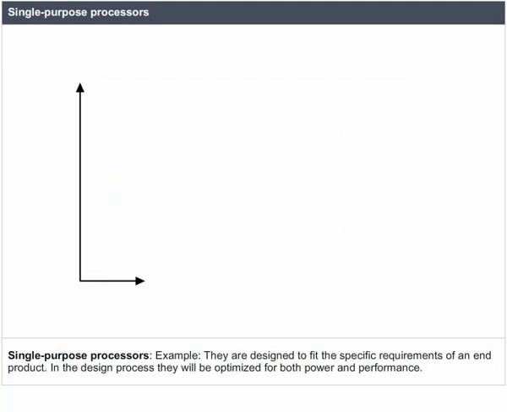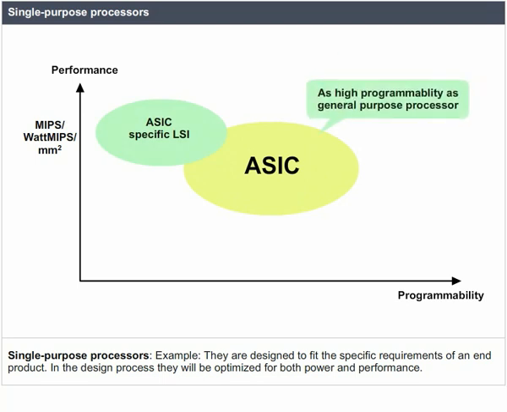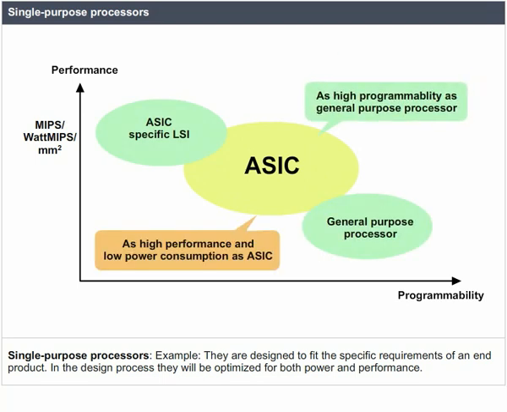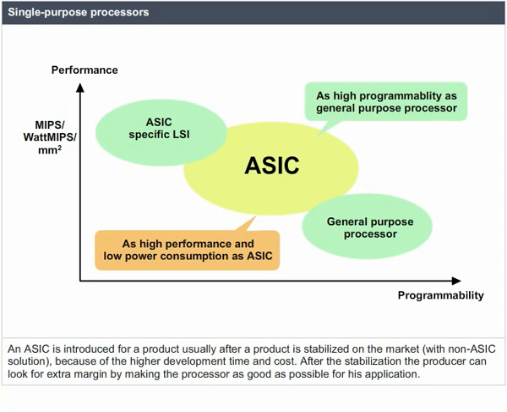Single purpose processors, for example ASICs, are designed to fit the specific requirements of an end product. In the design process, they will be optimized for both power and performance. An ASIC is usually introduced for a product after the product has stabilized on the market with a non-ASIC solution, because of the higher development time and cost.